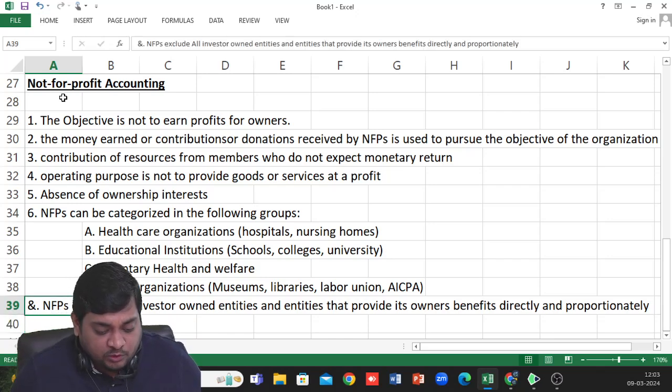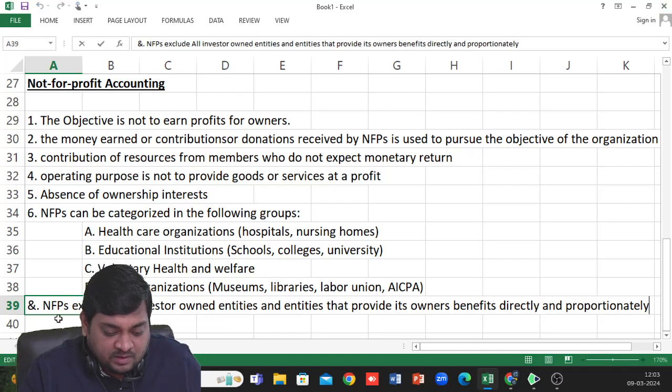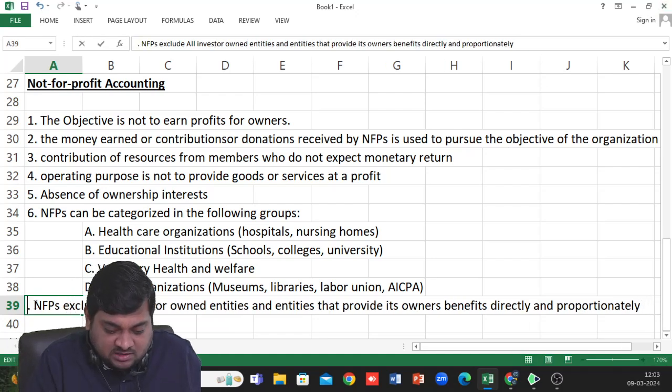So you need to remember one thing. So this is like point number 7.